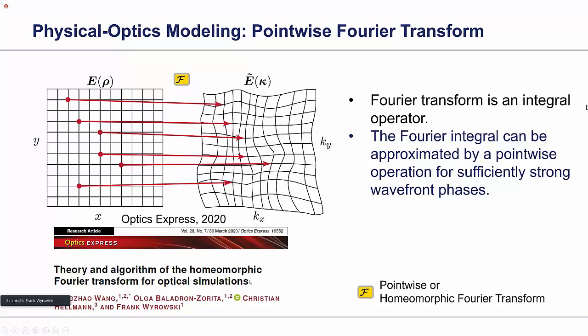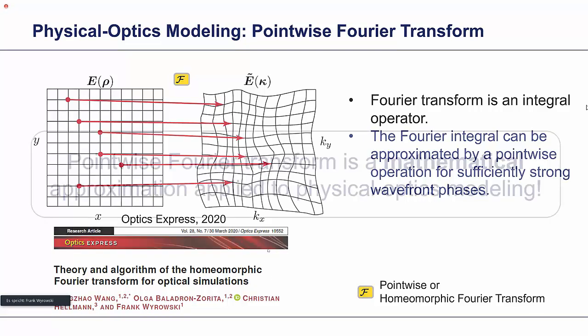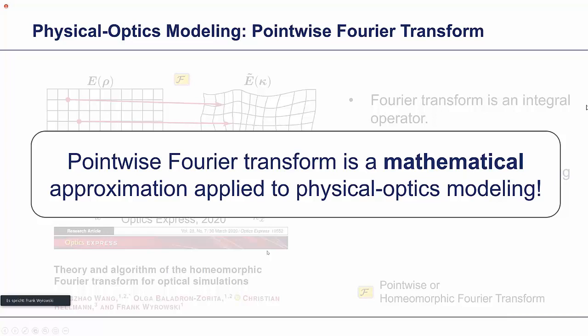And here is a paper where we published this, and that means that's a pure mathematical approximation. That means the mathematics teach us that the Fourier transform becomes a pointwise operation in some situations where the wavefront phase is strong. And now we apply this mathematical approximation, not a physical approximation, to physical optics modeling.